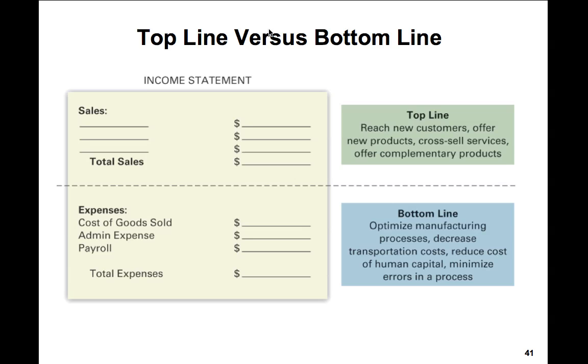Here is the top line versus the bottom line kind of picture view. You can kind of see that where we have sales on the top and we have expenses on the bottom, and it kind of puts it into perspective. So the top line, how are you going to reach new customers, offer new products, new services, offer complementary products, grow the product line. The bottom line is optimizing the manufacturing processes.